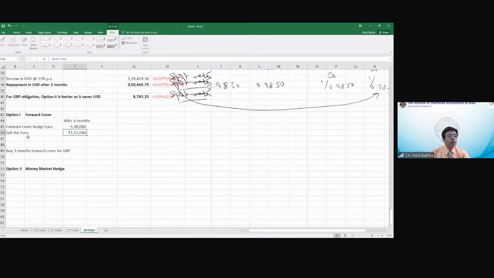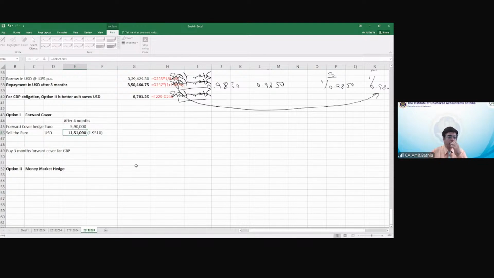That will convert to USD. You converted this at 1.9510. So I will have 1,151,090 if it is forward cover.